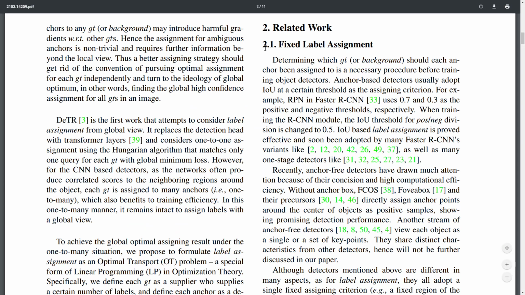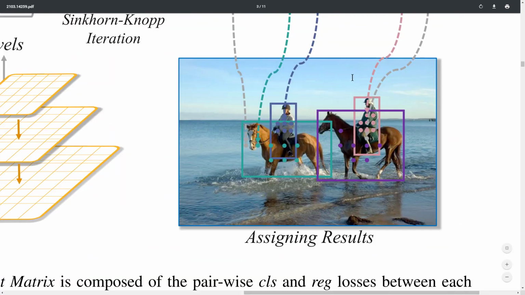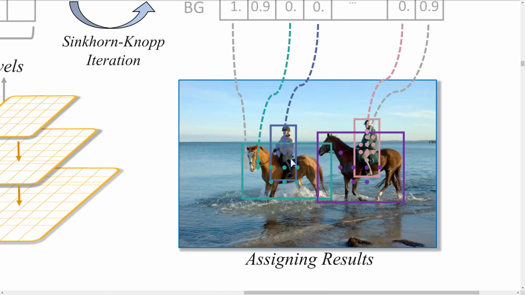In this paper, the authors review the fixed label assignment techniques which have been used previously and some dynamic label assignment techniques, and now describe their own method which entails dynamically picking up the best or the top K best positive samples which can best represent a given object.